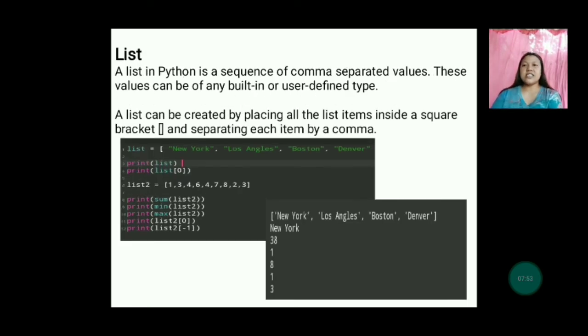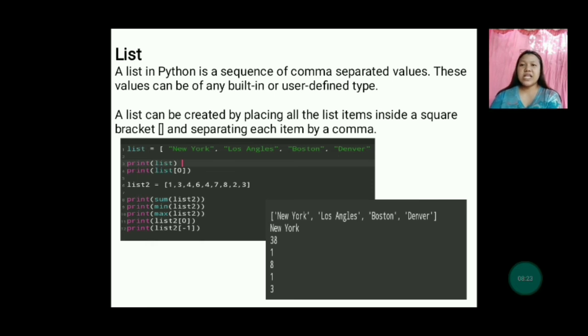List. What is a list? A list in Python is a sequence of comma separated values. These values can be of any built-in or user-defined type. A list can be created by placing all the list items inside square brackets and separating each item by a comma. So this is the example. List equals New York, Los Angeles, Boston, and Denver.